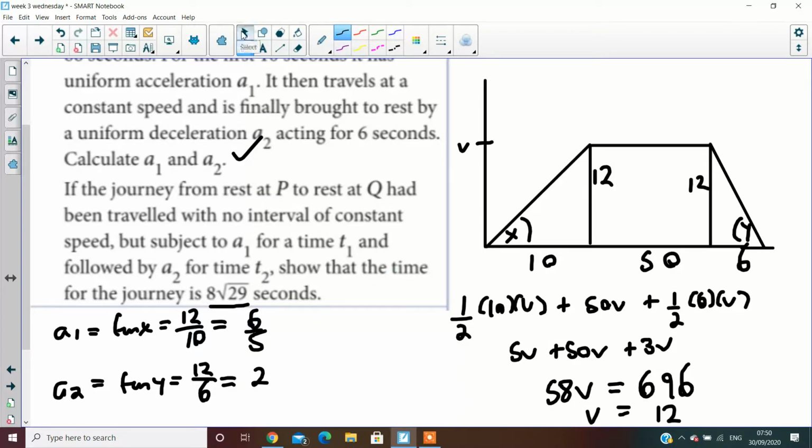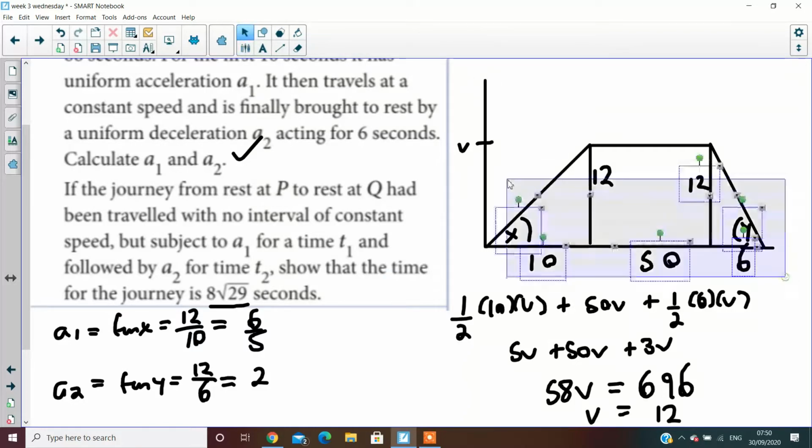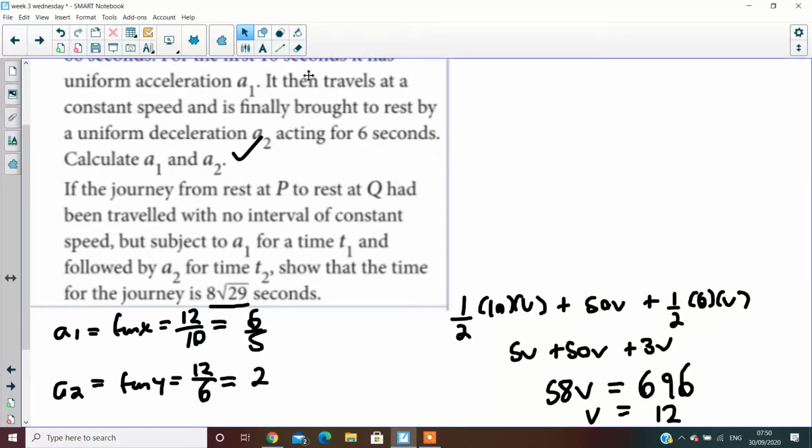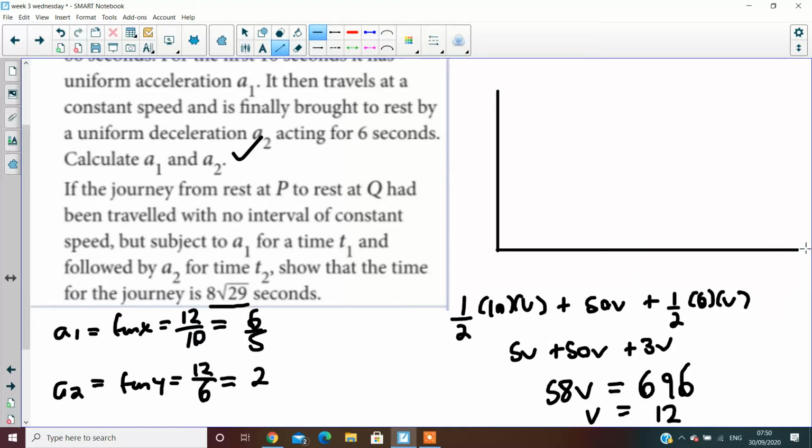Can I get rid of the diagram? Thanks. Now, here we go, finally. So, in this case, it's going to take longer to get to my maximum speed.